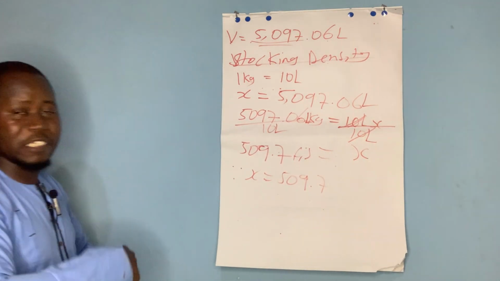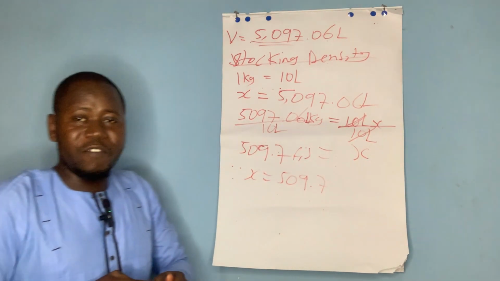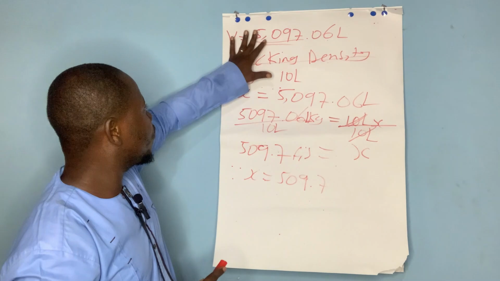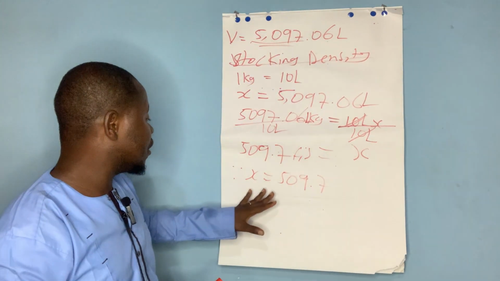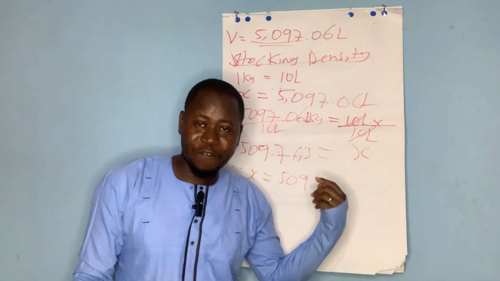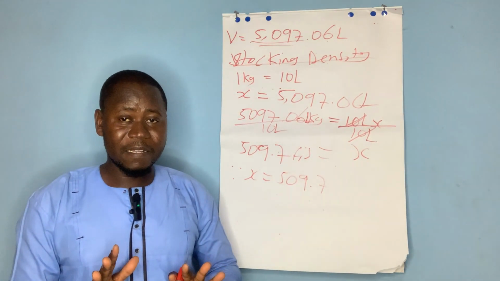So let's do away with the 0.7. We can say that in stocking a fish pond which has the volume of 5,097 liters, we are stocking 509 fish. Let's say 500, let's say 510. I hope you have gotten that.